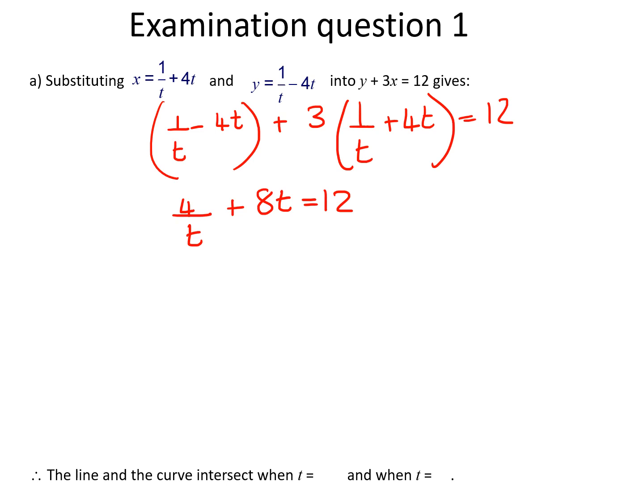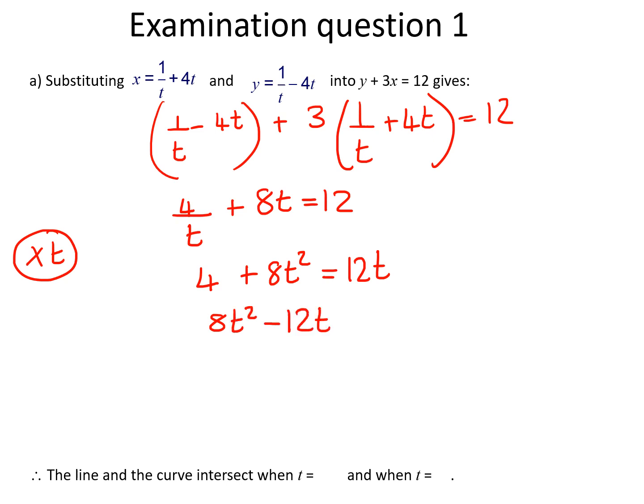A hidden quadratic here: times everything by t, and then we'll get 4 plus 8t squared equals 12t, which leads us to the quadratic 8t squared minus 12t plus 4. Or you can cancel through by 4, etc. Or you can just pop it in your calculator at this point, and you'd end up with t equaling a half and t equaling 1.